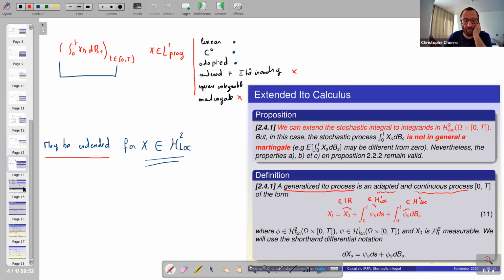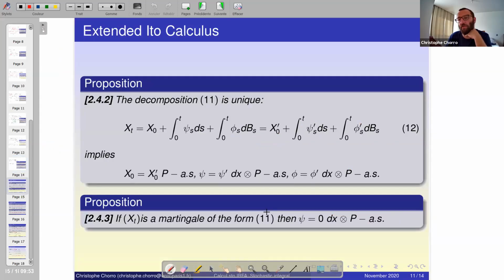It's exactly what I have proved in the case of an Ito process, and that can be extended easily using the same kind of proposition, the analogue of proposition 0.5.5 in this framework, telling that martingale implies the part in dt is equal to 0. So I don't have a Riemann integral part in the case of a generalized Ito process that is a martingale.